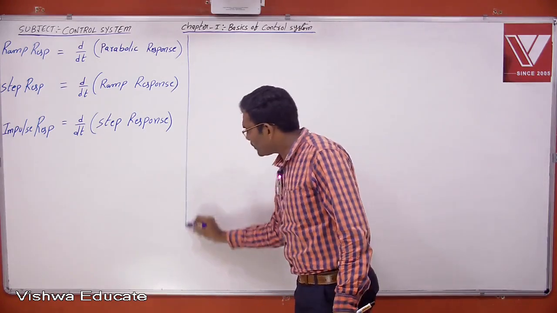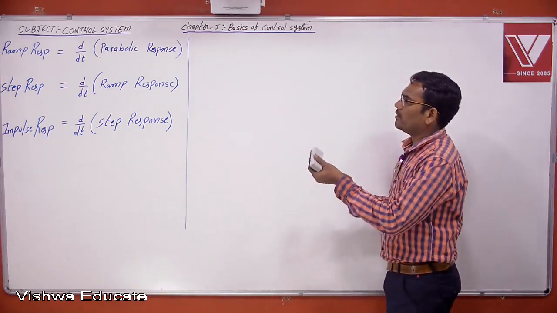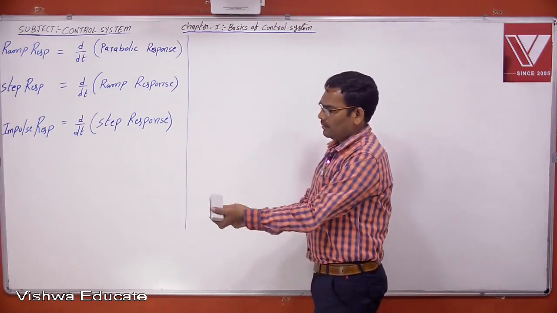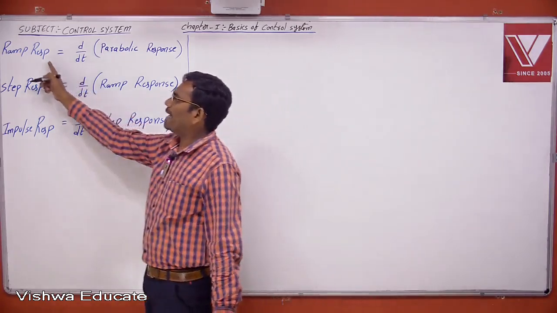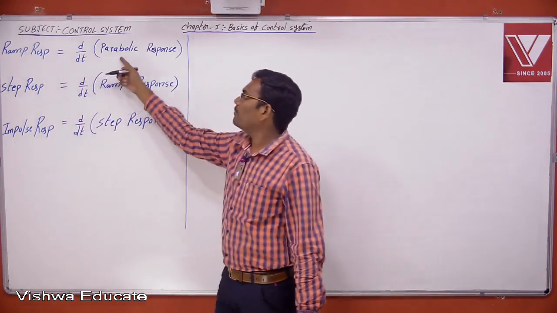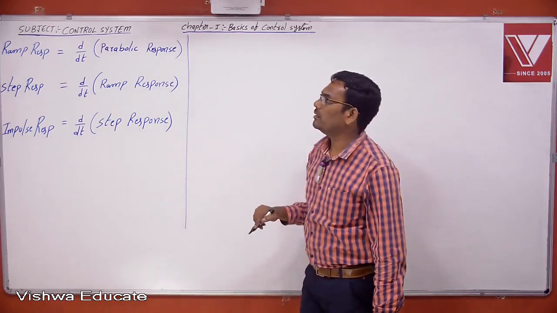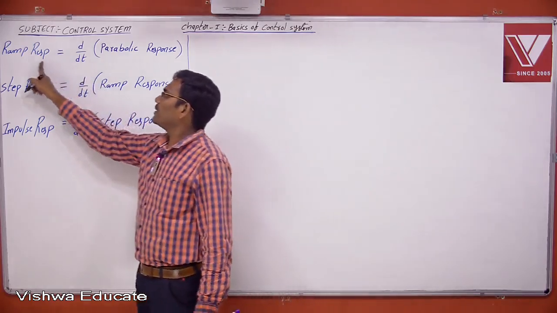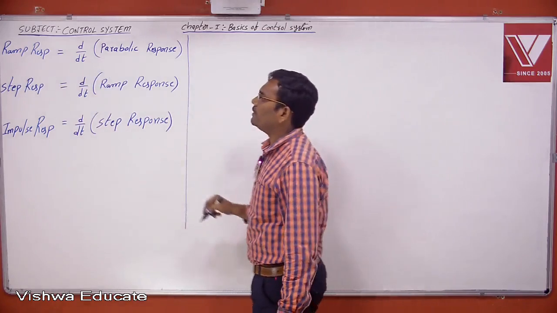Then from here we have another relation. Now see here, if the ramp response is available to us, but I want the parabolic response, then what should you do? We have a ramp response and we want to find the parabolic response.